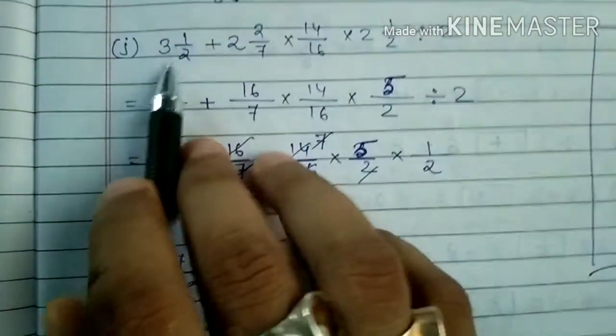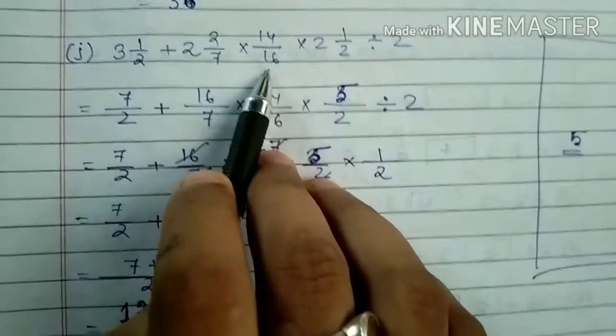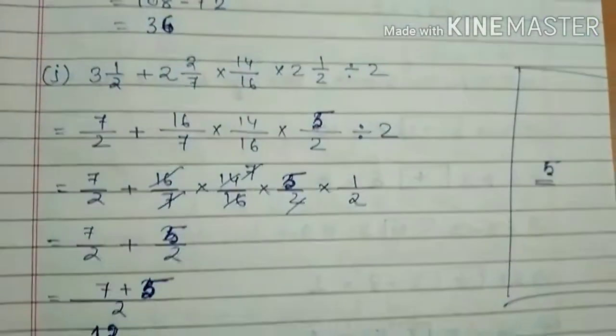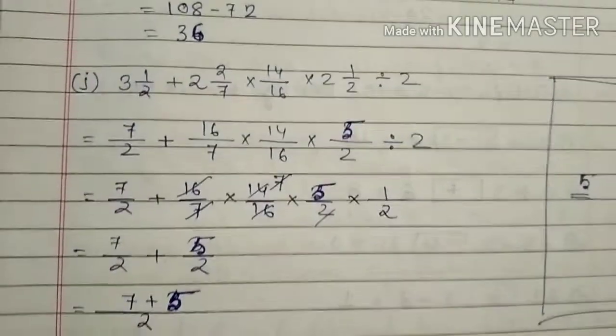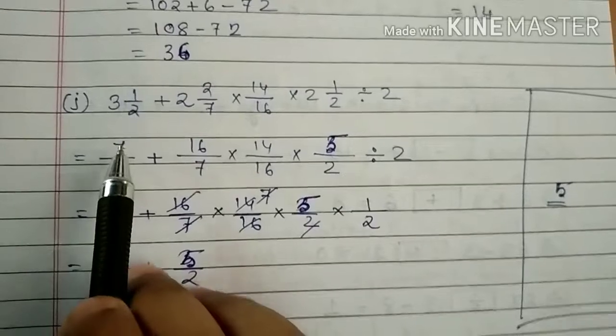Now the problem number J. 3 1 by 2, this is the mixed fraction, plus 2 2 by 7 into 14 by 16 into 2 1 by 2 divide 2. This is in mixed fraction, so you have to convert this into improper fraction. How can we convert to improper fraction?